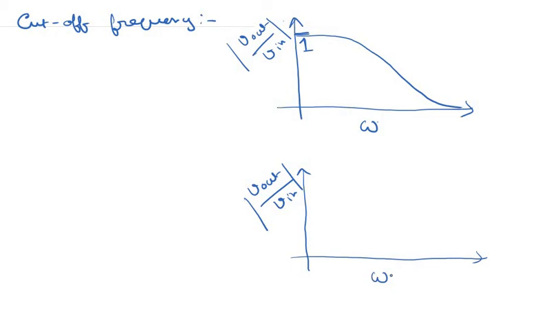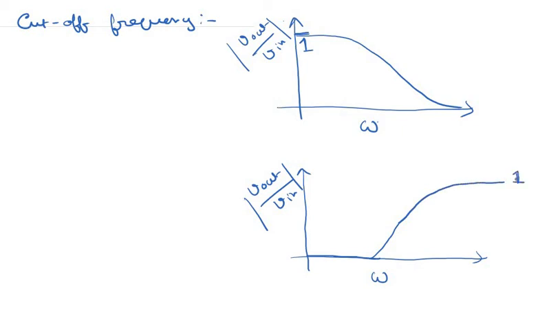Okay, so when the input frequency is really low, the mod of V out versus V in is really low, but when the frequency is gradually increasing, this mod of V out by mod of V in increases and it becomes saturated at somewhere at 1 here.